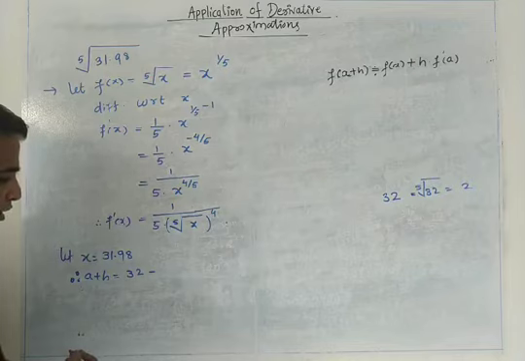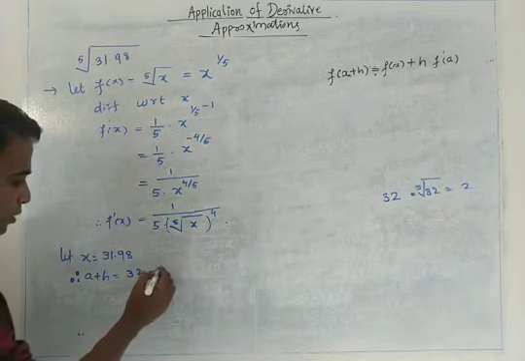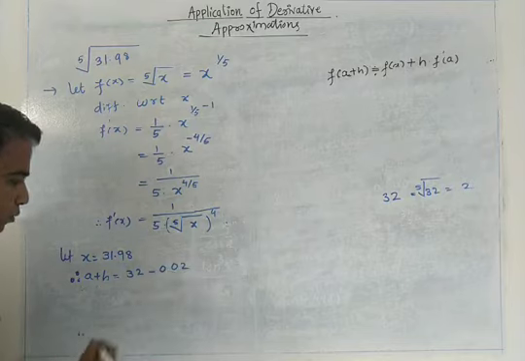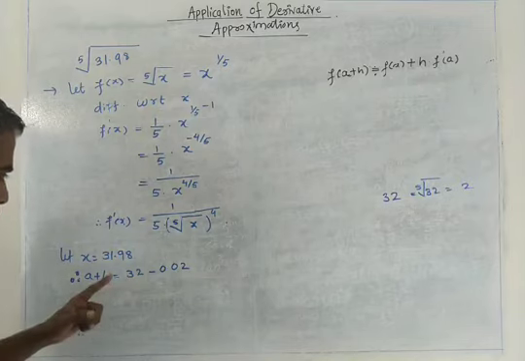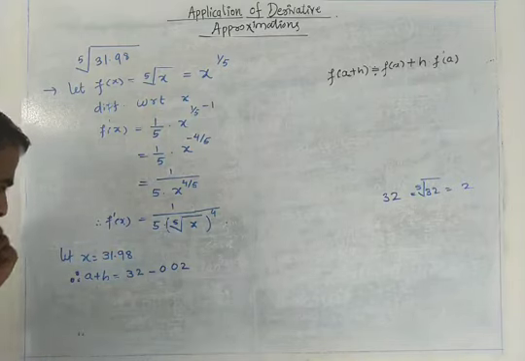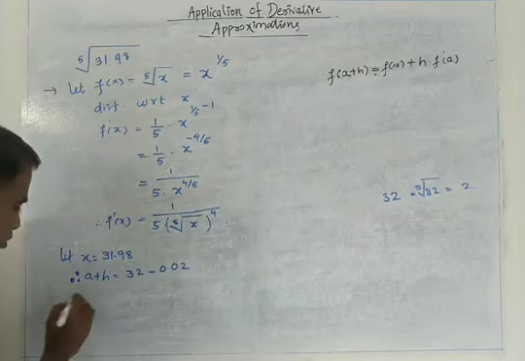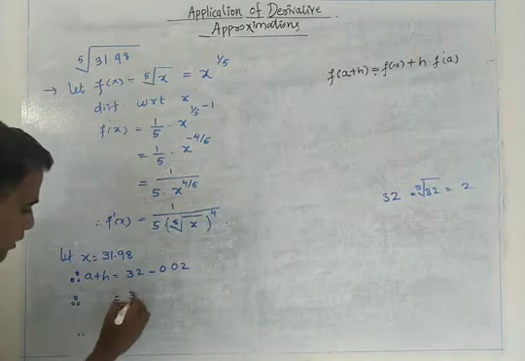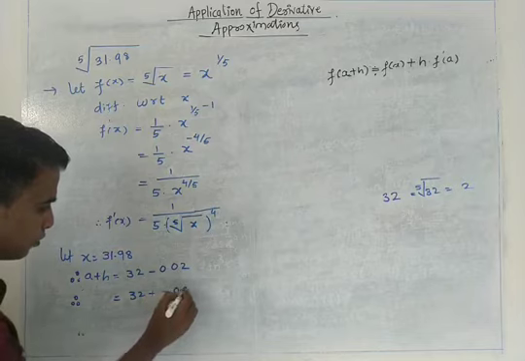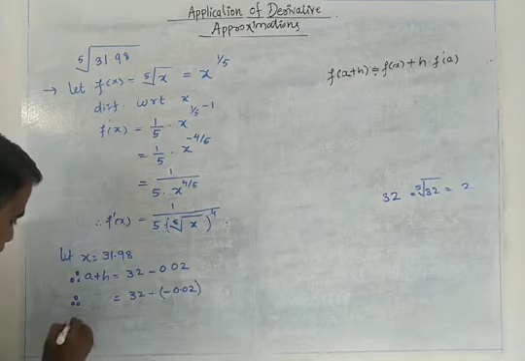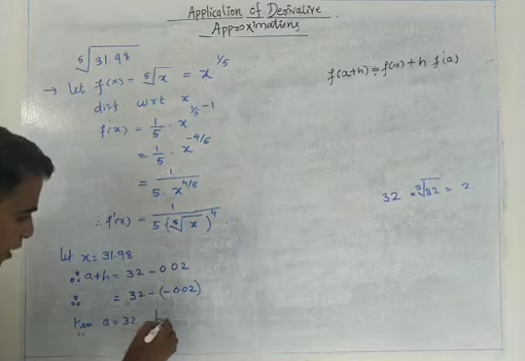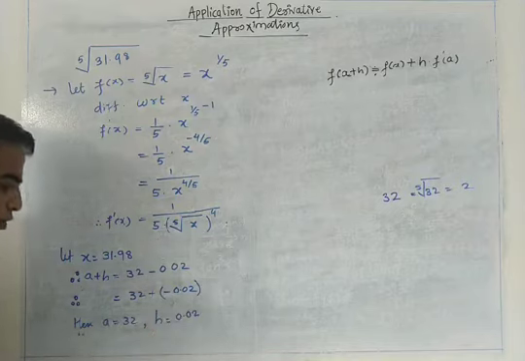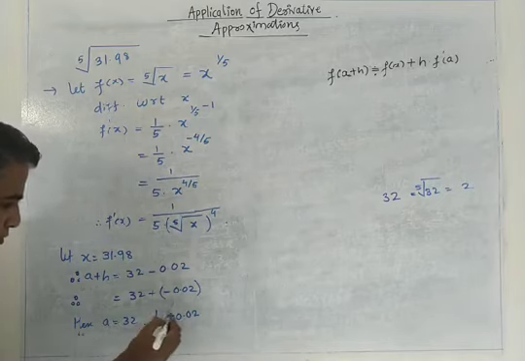What is the answer for that? 32 minus 0.02, so we will get 31.98. Okay. So here 32 plus minus 0.02. So here value of a is 32 and value of h is minus 0.02. Clear?